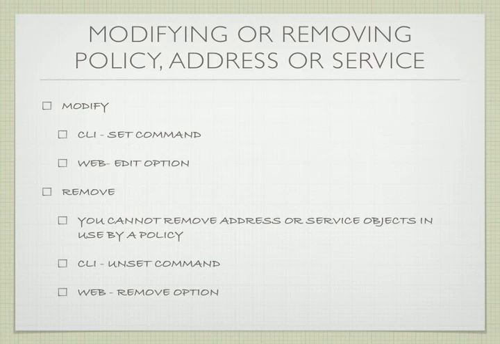To remove a policy or elements of a policy, you cannot remove objects that are in use. So if an address or a service is used by a policy, you have to remove the policy first, and then you can remove the address or the service. In the CLI, we use the unset command to remove things, and in the web, there's an actual remove button.